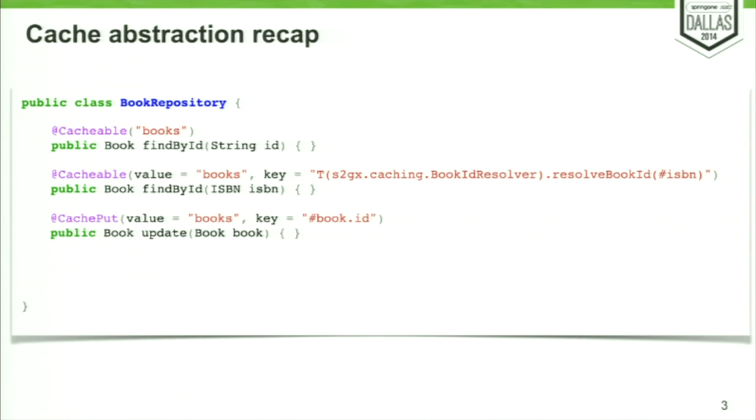There is the @CachePut variant that just says, whenever you invoke that method, while you're at it, also put this object into the cache. So that's kind of the half of @Cacheable, basically. And there's @CacheEvict that says whenever we hit that method, go into the cache and remove the associated entry. So that's basically the state of the art as of Spring Framework 3.1. There have been a couple of improvements in 3.2, but this is basically what we started with.